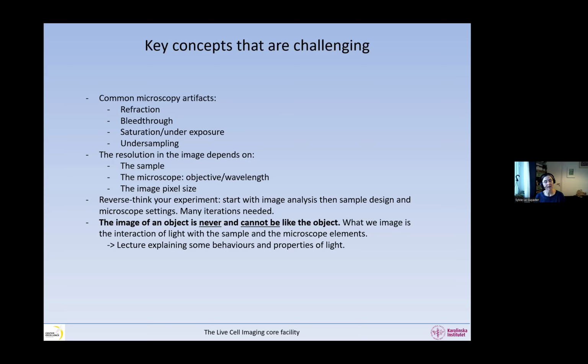So there's a lot of interaction of the light. That's what we are seeing. So I will explain to you today how the image is formed. And I think you will understand what I mean by the image of an object can never be like the object itself. This is the reason why I will now have a little lecture about the behavior of light and the properties of light.